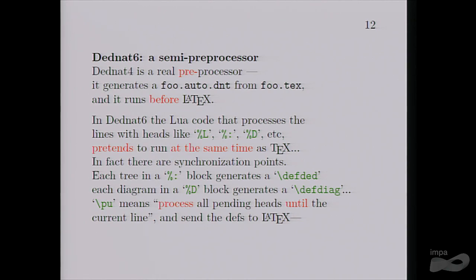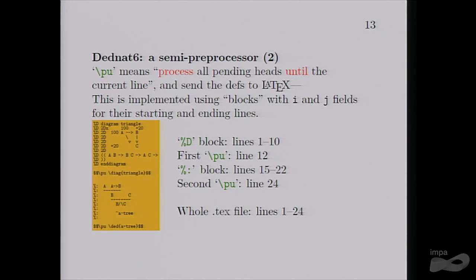And then send the definitions to LaTeX, by using output or something like this. I forgot the name now, sorry. But instead of saving the definitions in a separate file, it sends the definitions straight to LaTeX. Let me explain this idea because this is the main topic of this talk.